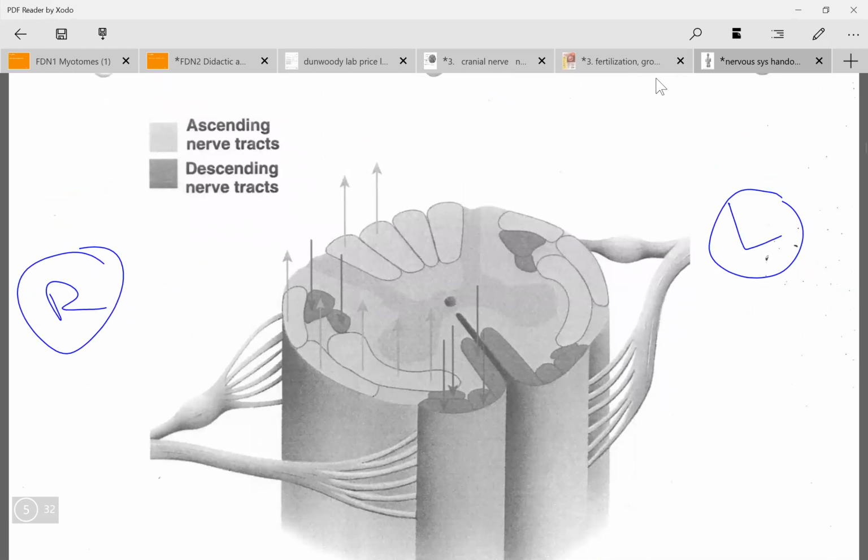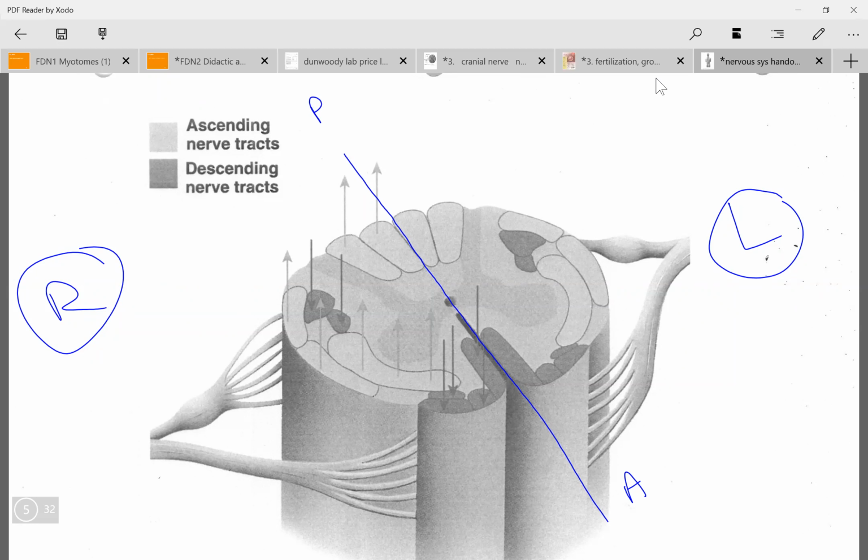Okay, since this is the posterior aspect of the cord and this is the anterior aspect of the cord, that will help you. Just knowing location is going to help you with naming things.